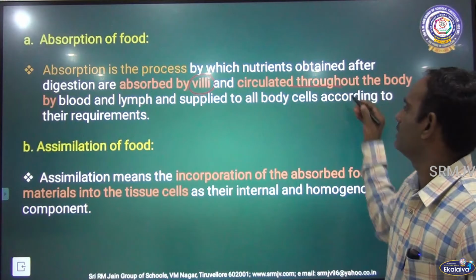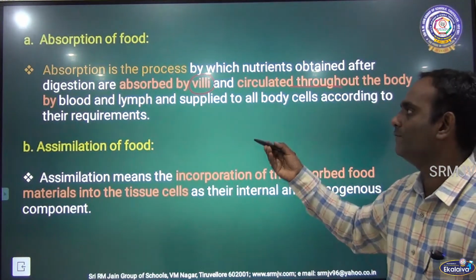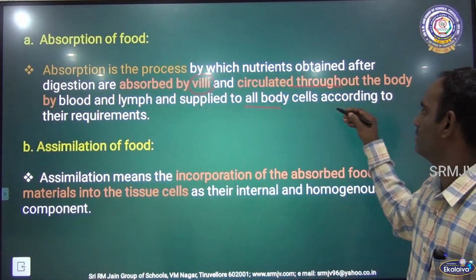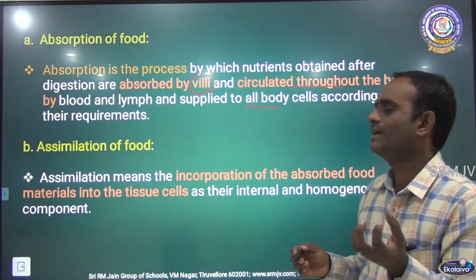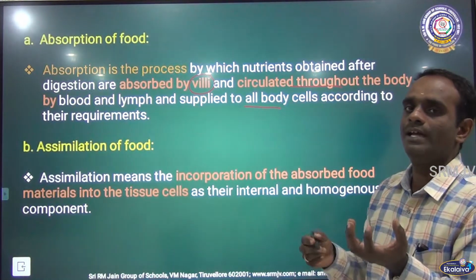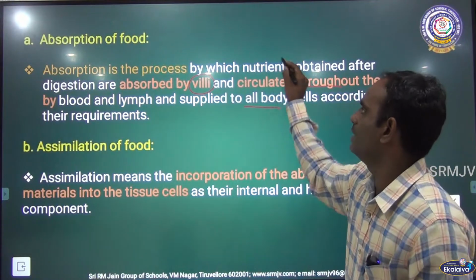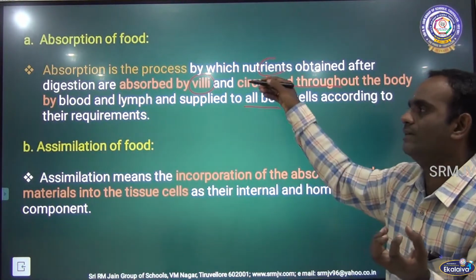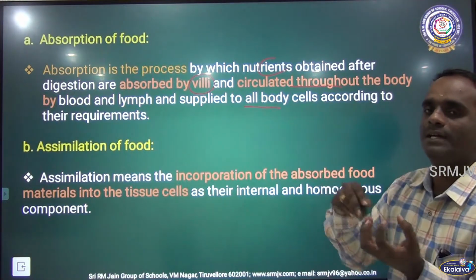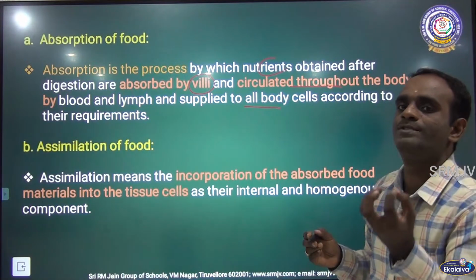It is circulated throughout the body by blood as well as the lymph, and supplied to all parts of the body according to their requirement. Absorption is nothing but intake of the nutrients after digestion by the intestinal villi, and it is mixed in the blood and circulated throughout the body. That is called absorption.